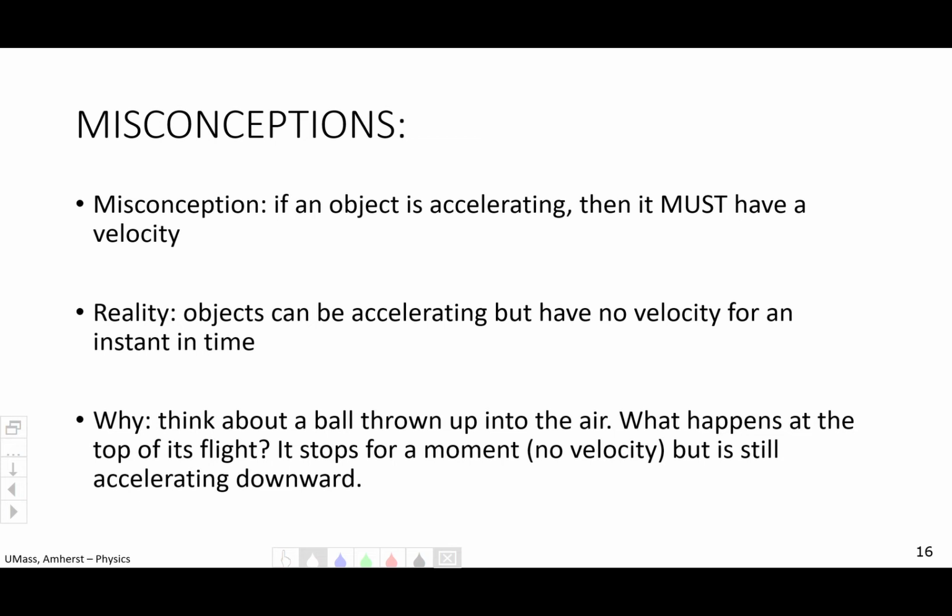While we throw it up, gravity causes it to slow down. At the very peak, gravity causes it to change direction, and then when it goes down, gravity causes it to speed up. Right? So you can, for an instantaneous moment in time, have an acceleration but no velocity.